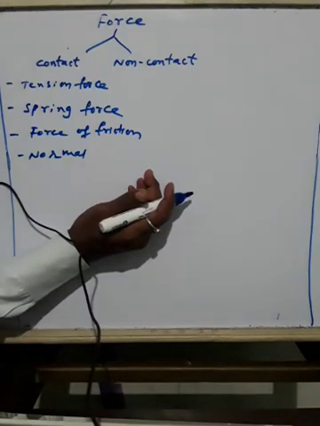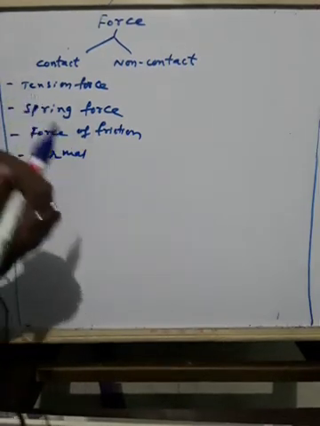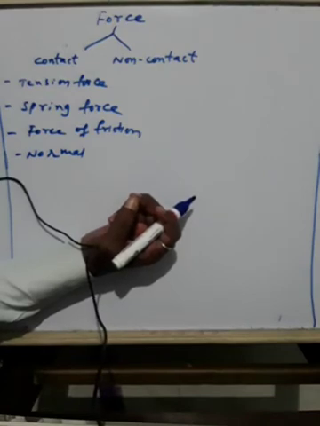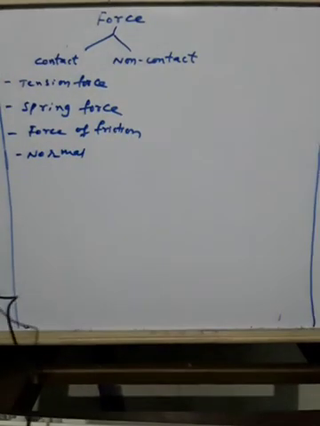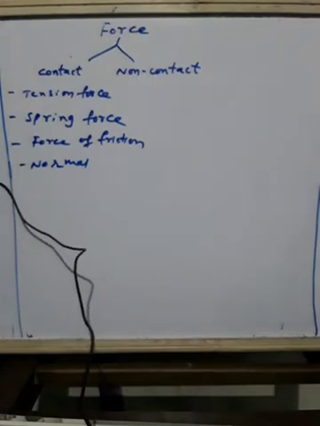Okay. I think you may be having that cycle spring or even pen spring. If you take and pull it, see the force exerted by a compressed or stretched spring on any object that is attached to it is called spring force. In the textbook it is given. If it is compressed or if it is stretched, such a force is called spring force.